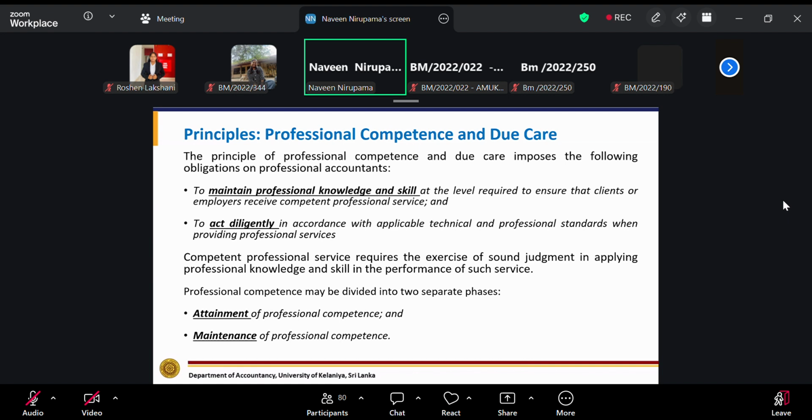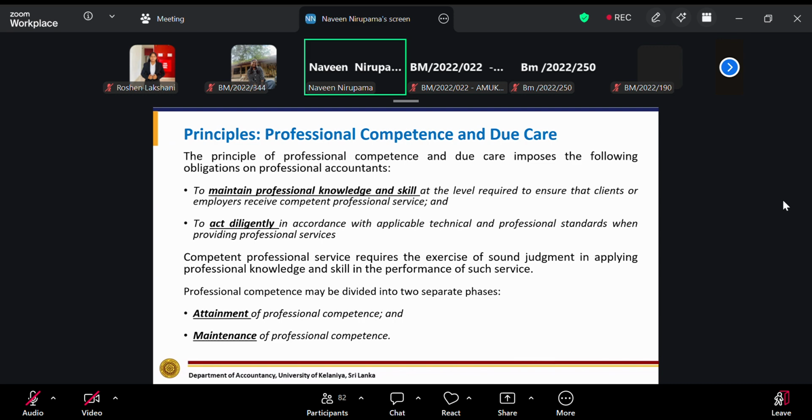It imposes the following obligations on professional accountants: to maintain professional knowledge and skills at the level required to ensure that the client or employer receives competent professional services.